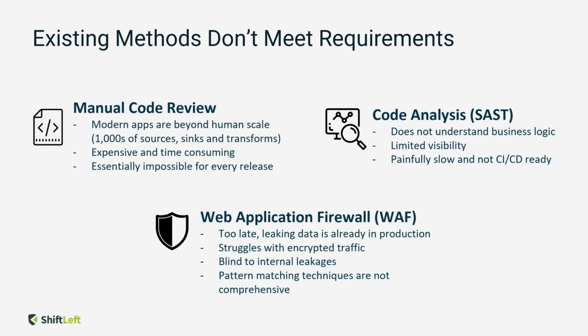It is not looking inside out. So it's looking at what traffic is coming in. It does not know your source code. It doesn't know what the application is trying to do. So it is often guessing and going off pattern matching to figure out if there is a possible leak of information.